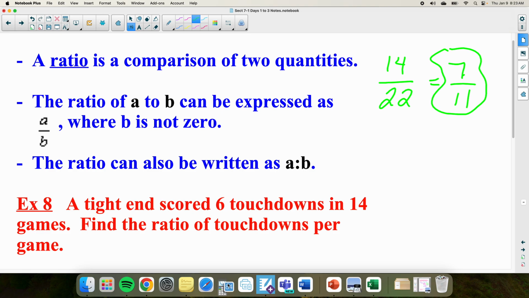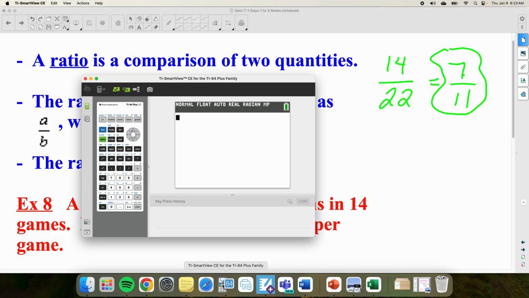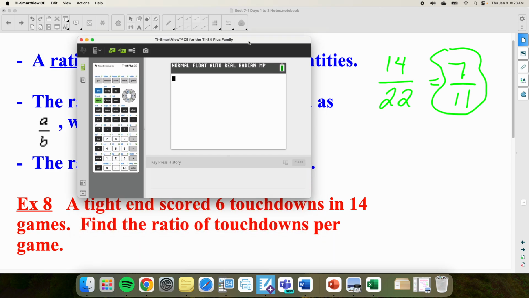I want to show you guys, because I don't know if I've done this yet on a graphing calculator. Graphing calculators can reduce fractions for you if you want to, okay? Did I show you this already? No? Okay. So let's just use this one. Let's say, I just want to make sure I reduced it right. I'm going to check it.